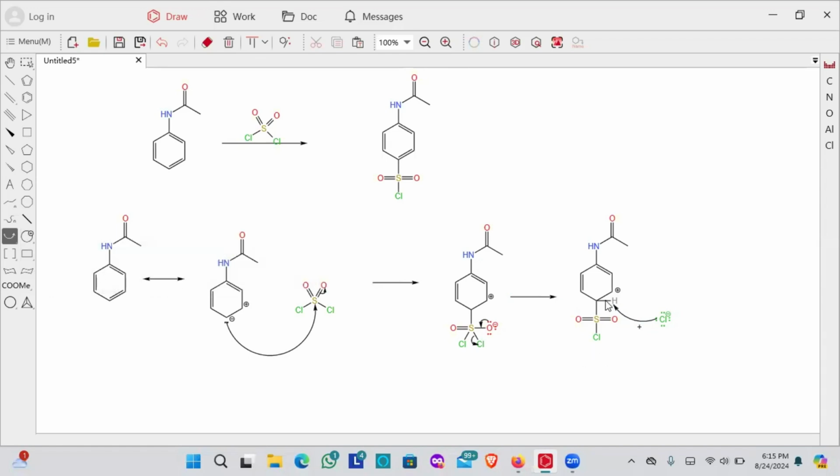And let's show how this is going to break and form the double bond.